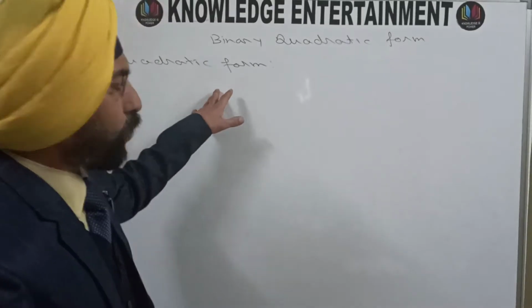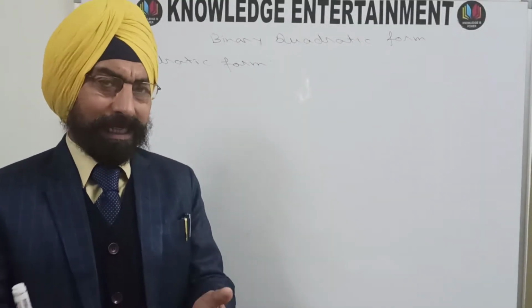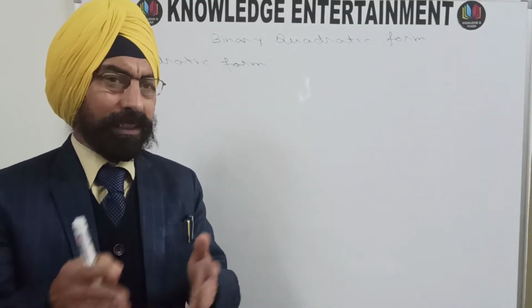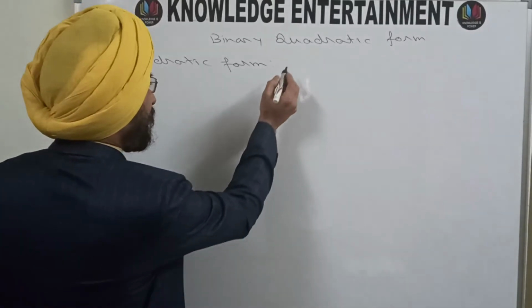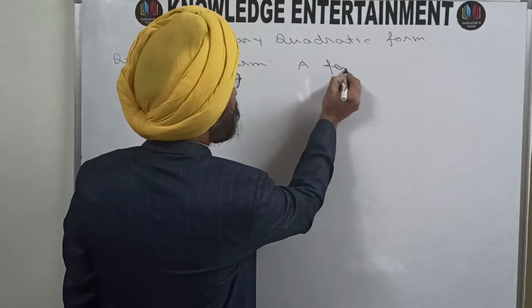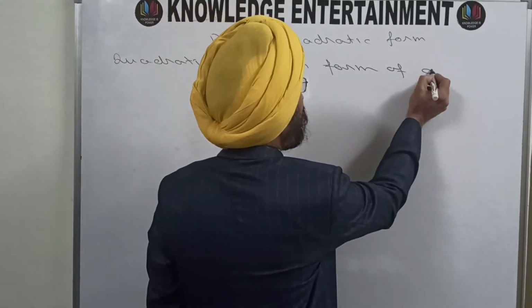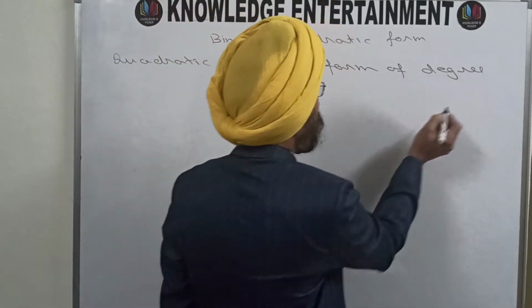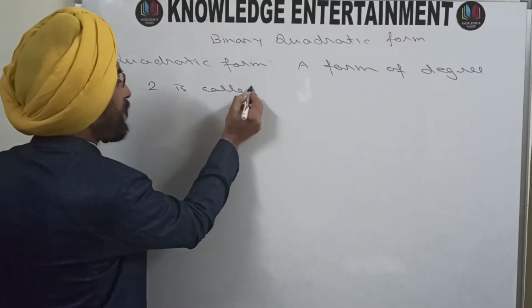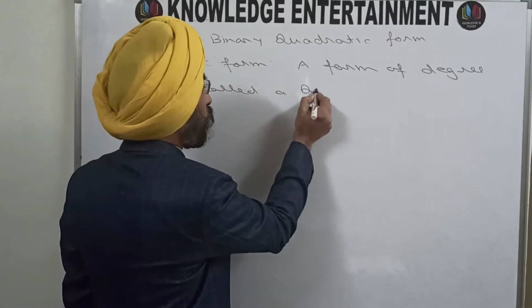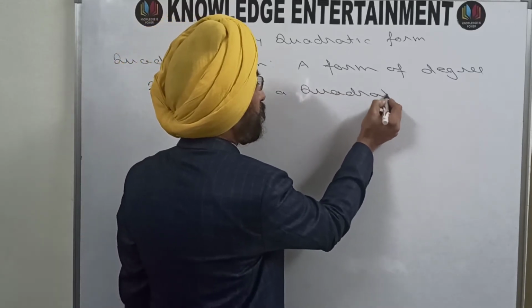And when we are talking about the quadratic form, the degree of each term must be equal to 2. That means a form of degree 2 is called a quadratic form.